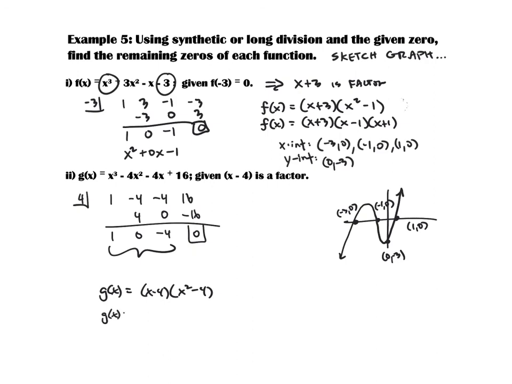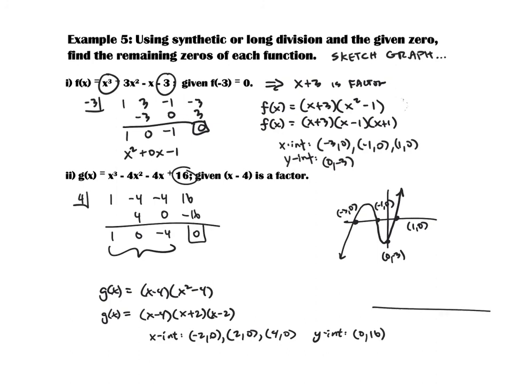So if I factor g of x, I would get x plus 2, x minus 2, and x minus 4. That would give me an x-intercept of a -2, 0, a positive 2, 0, and a positive 4, 0. I would get a y-intercept, looking back at the original, of 16.